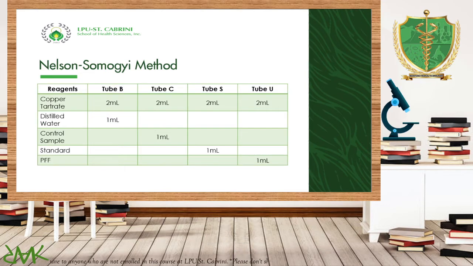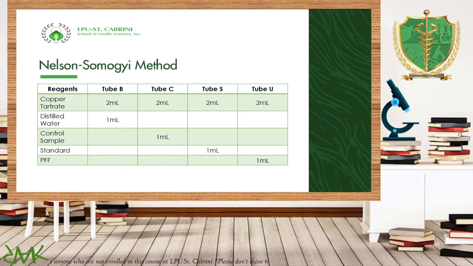So this is how we're going to prepare your Nelson-Somogyi method. You have to have 4 Folin-Wu test tubes and each test tube contains 2 ml of copper tartrate, which is our reagent in the Nelson-Somogyi method. You're going to label them as tube B, tube C, tube S, and tube U. What does it mean?